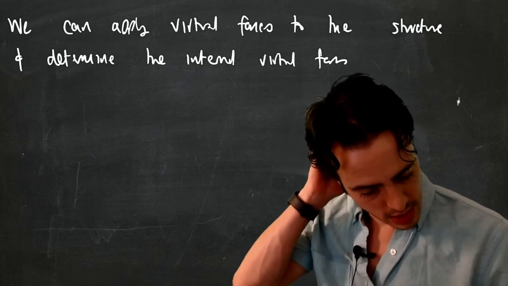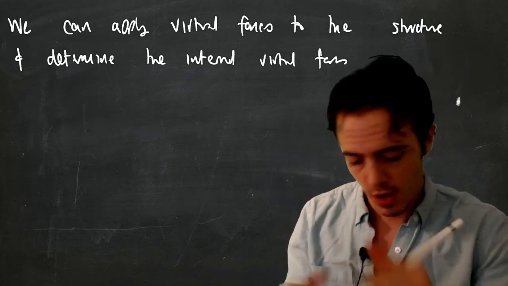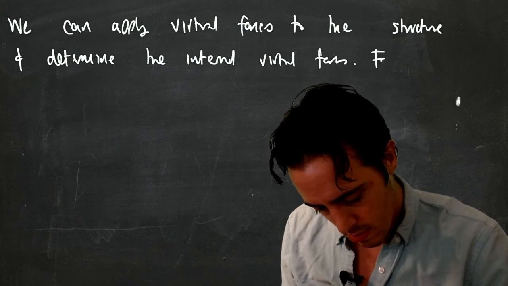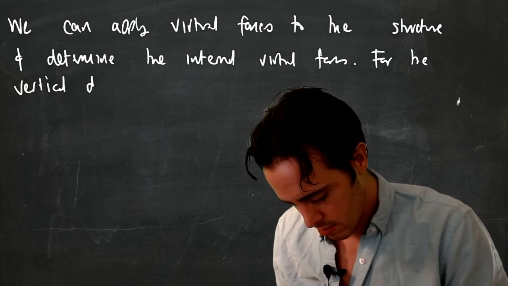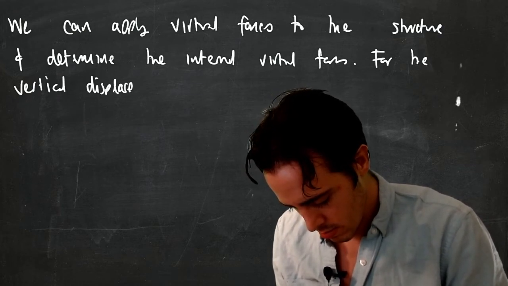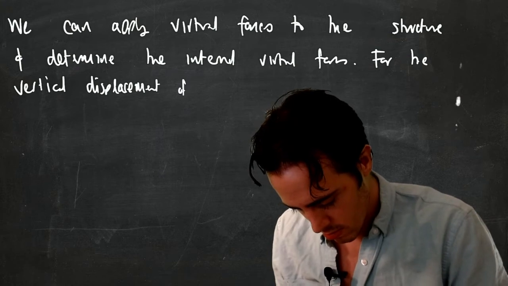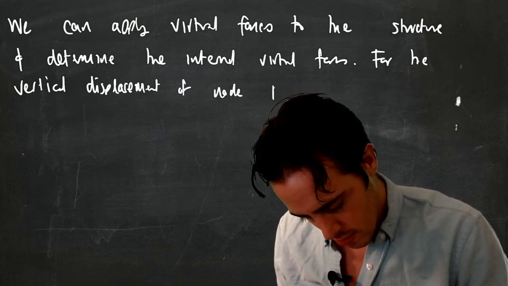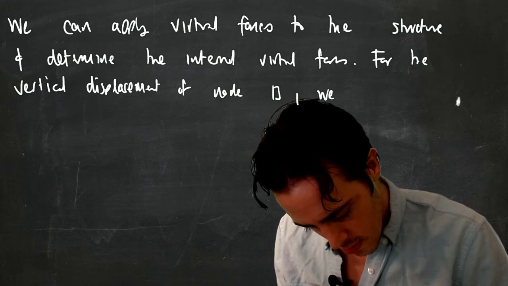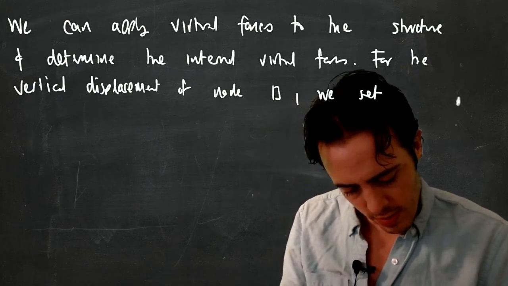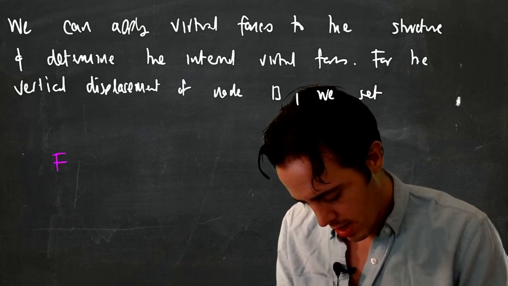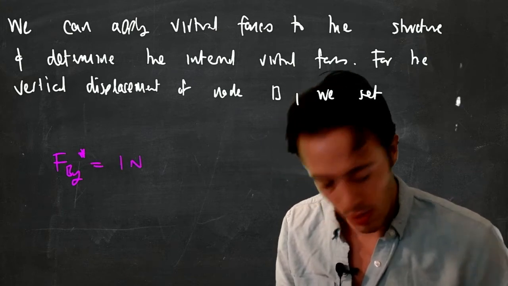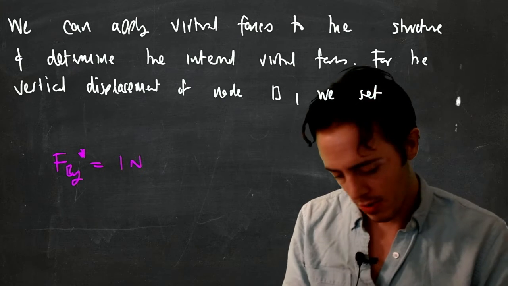So what we're doing now is we're firstly going to look for the vertical displacement of node B. So for the vertical displacement of node B, we have a virtual force FBY star equal to 1 Newton, and everything else is equal to 0.